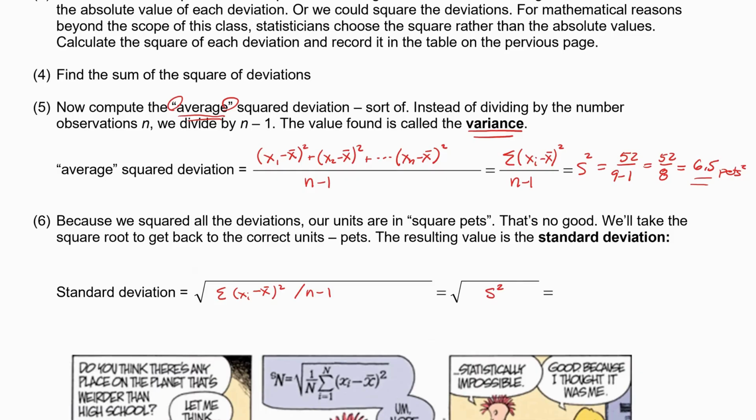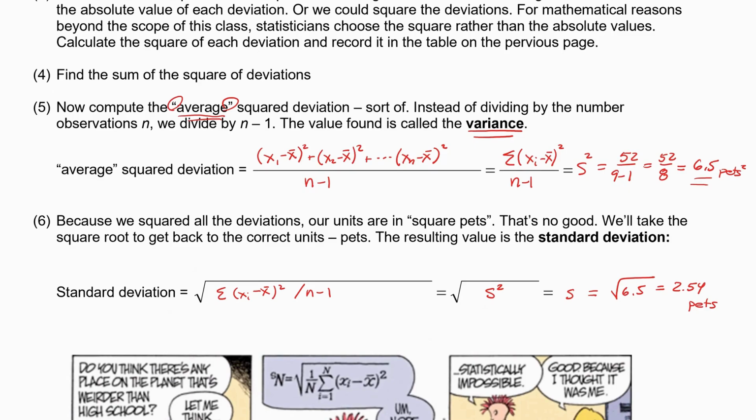In this case, we'll call that s. For our example, that's the square root of 6.5, which is 2.54, and its unit is pets. All right?